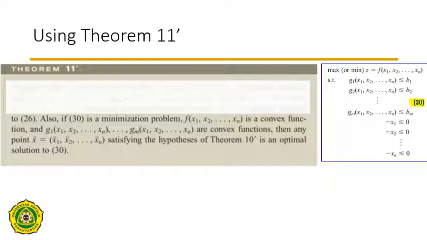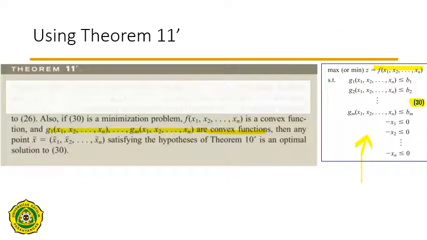It says if the model is a minimization problem, and the objective function f is a convex function, and all the constraints g are all convex functions, then any point satisfying the hypothesis of theorem 10 prime is an optimal solution to this model.